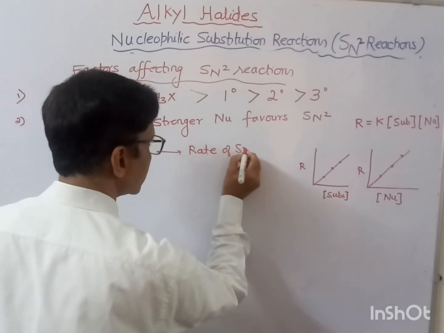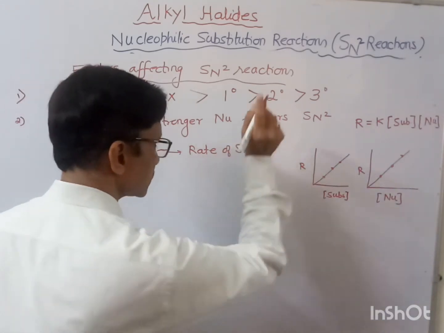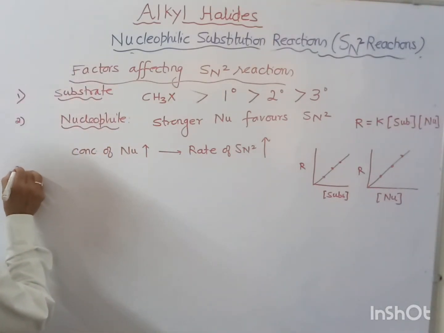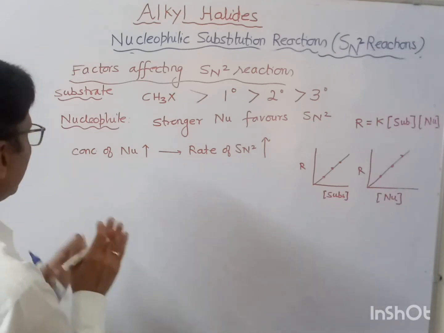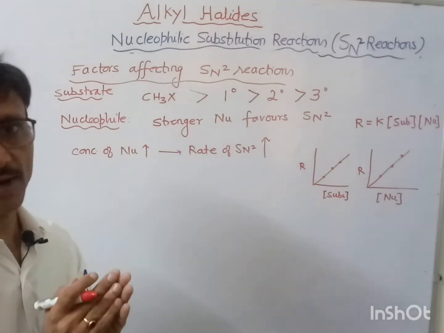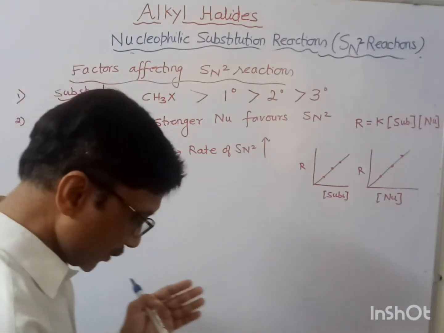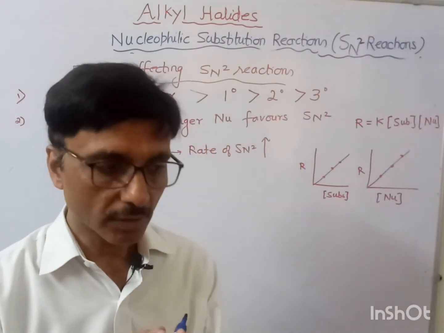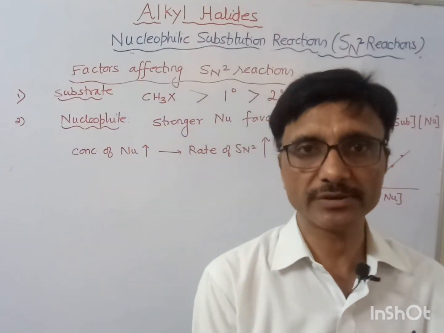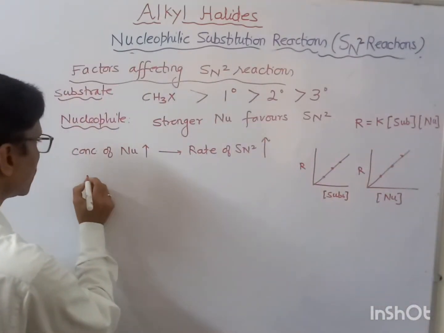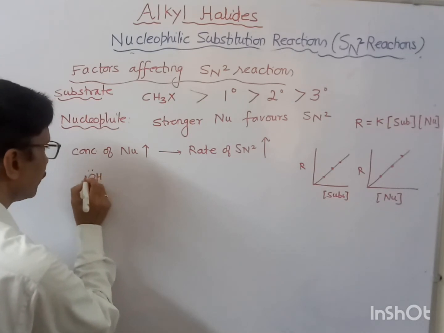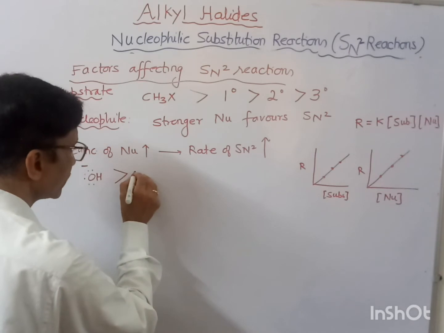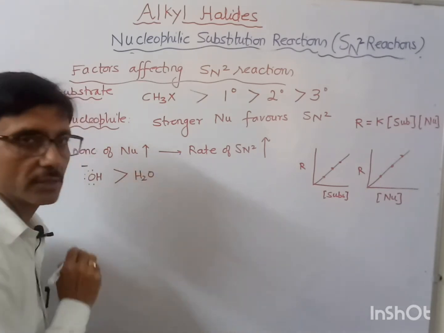Now the third thing: if you see the nucleophile, a stronger nucleophile, meaning a negatively charged nucleophile, gives a faster nucleophilic substitution reaction. So if we have OH minus, this gives a faster nucleophilic substitution reaction in comparison to water.